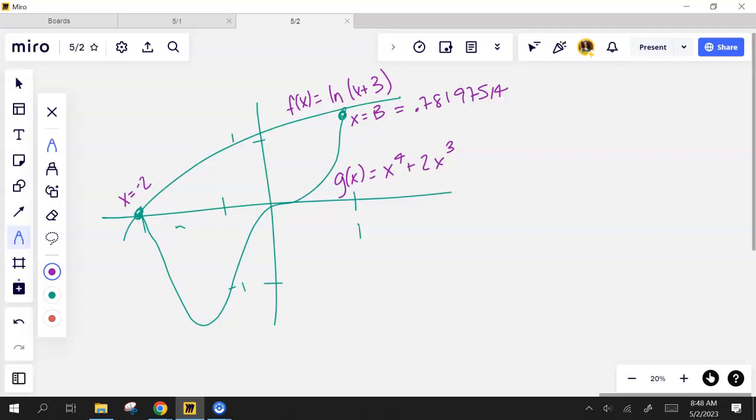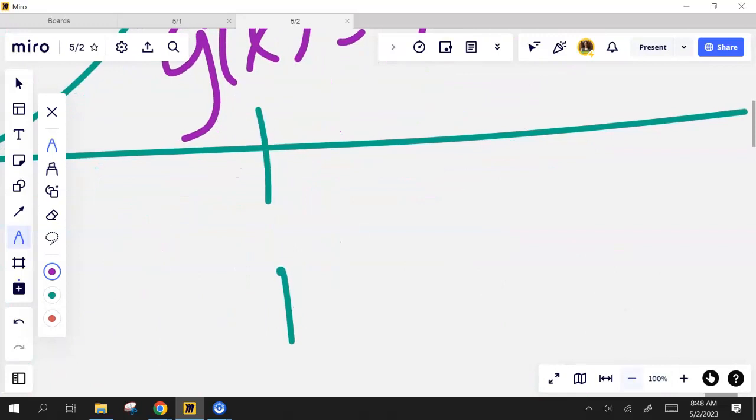Find the area of the region enclosed by f and g. So the area here, enclosed by f and g, so top minus bottom, yes? So I'm going to do the integral from what to what? -2 to that b I found, right?